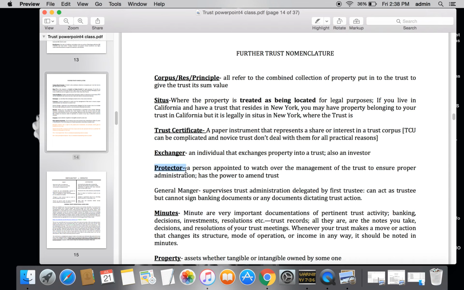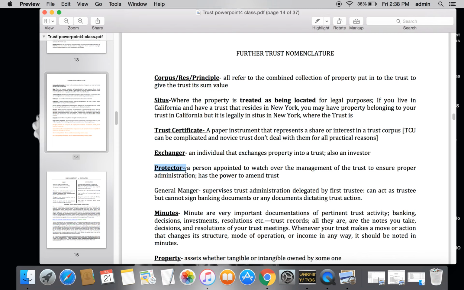Protector. Now, protector is very important. However, in a statutory trust, it is really not needed. A protector is when you have a private trust. And when you have a private trust with a lot of assets or a lot of money in it, a lot of property, that's when you'll need a protector. And that is someone who works directly for the grantor and oversees all of the positions in the trust.